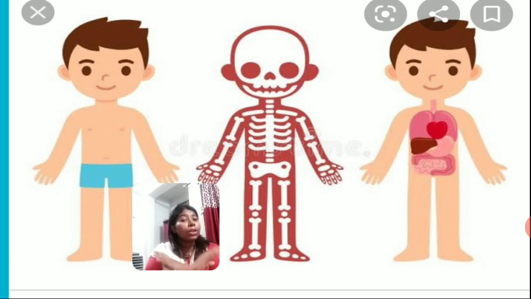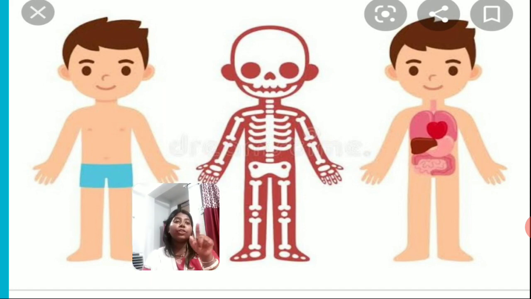If we did not have any hard thing in our body, we would be like cloth hanging on a hanger, because whatever facial structure or body structure you have, it is all about the skeleton, that means your bones.